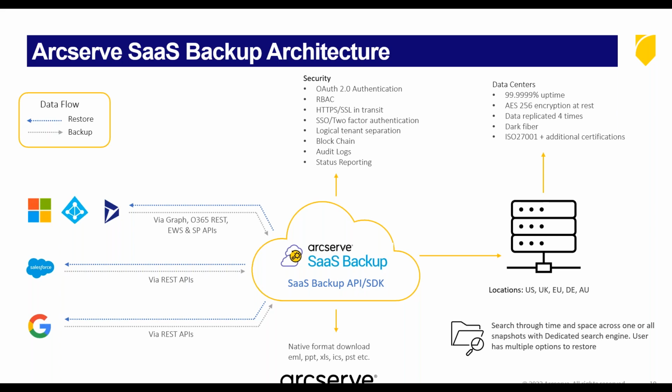The connectivity and the data transit are all secure. We use OAuth 2.0 with HTTPS and SSL to secure data in transit. Activities are all logged in the audit logs. It's very secure. Anything you do, later I'll show you a quick demo, you'll be amazed that if someone modified the protection plan, it is also reflected inside the audit log.